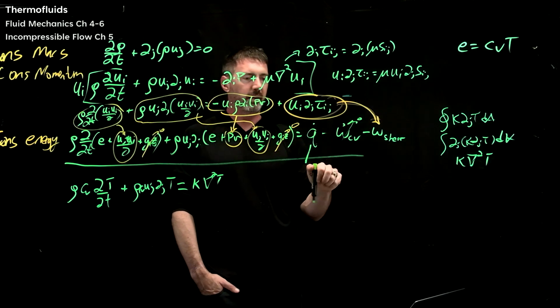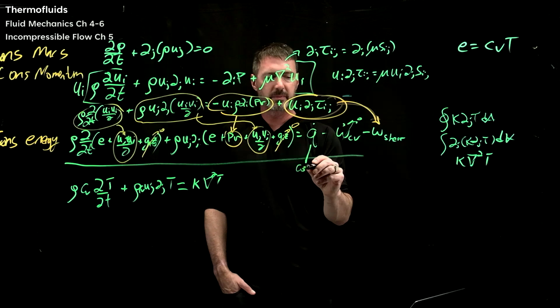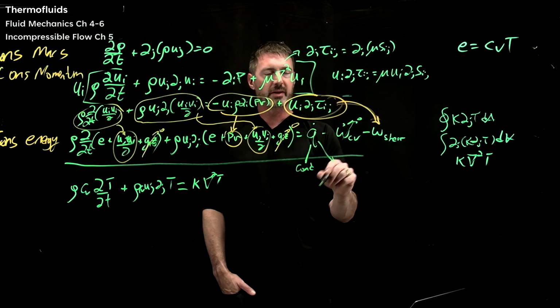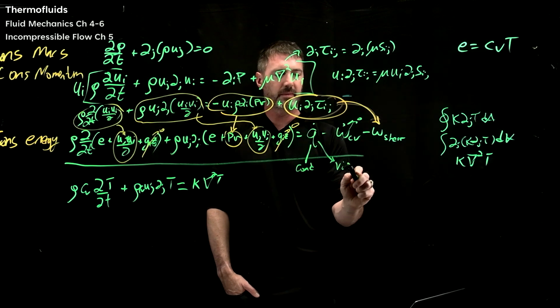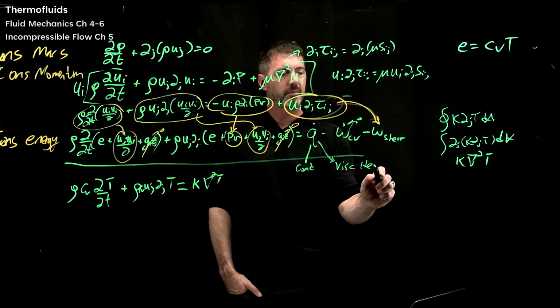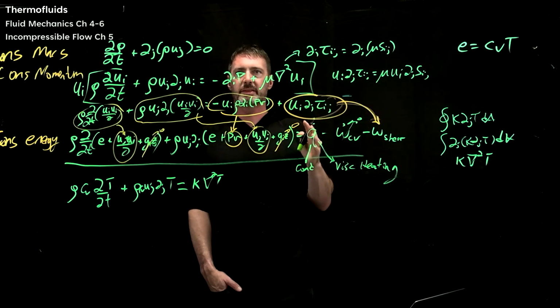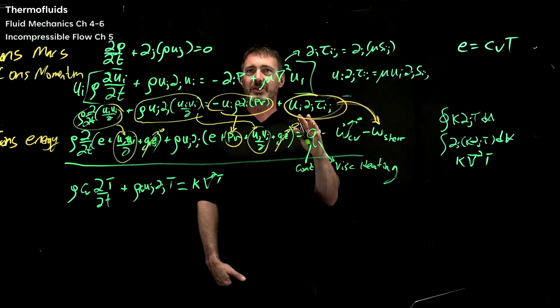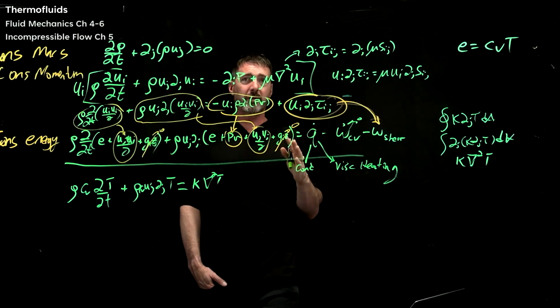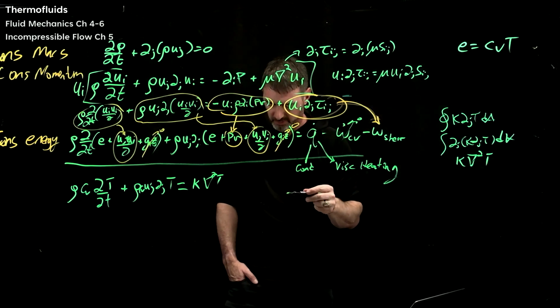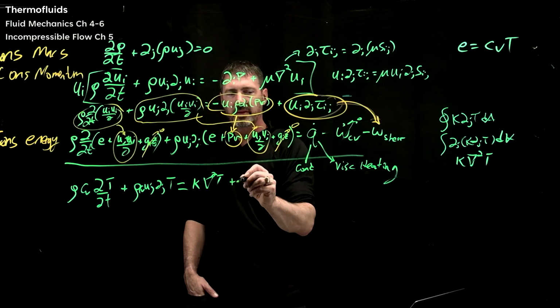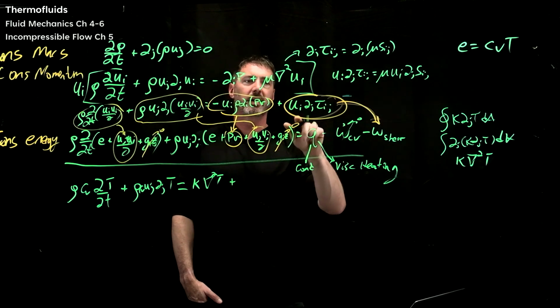Now, one other thing. That was conduction. There's another piece here, and this is viscous heating. I'm going to include it here simply because a lot of what we do here at Venus is hypersonic flight. This is actually a term you can't ignore when you start flying fast. For most cases, you would ignore it. The way to think of it is viscosity.